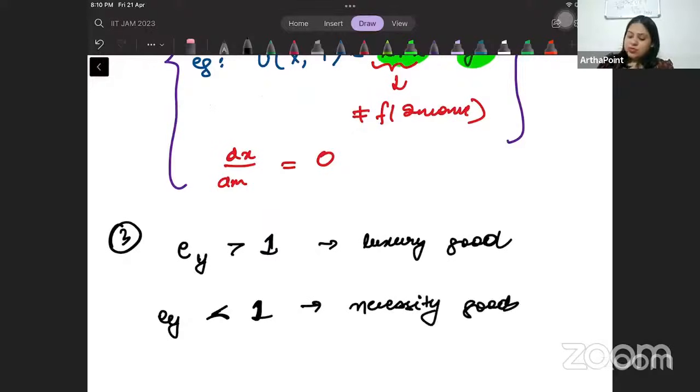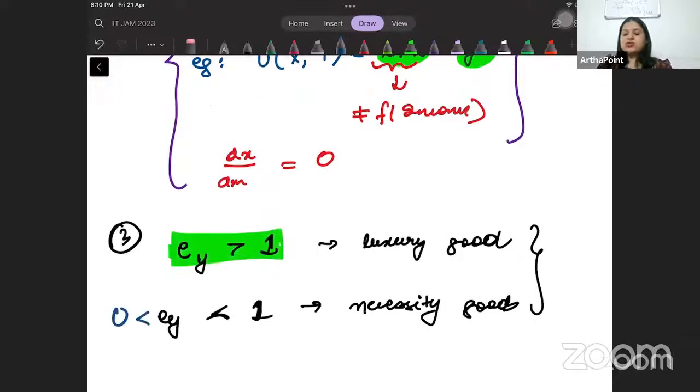So both are positive only, okay? Greater than 1 तो automatically positive हो गया, but this is also greater than 0. So we have done what are substitute goods, what are complementary goods in cross price elasticity, and inferior goods in income elasticity. ठीक है जी? तो ये हो गया हमारा elasticity से related पूरा.